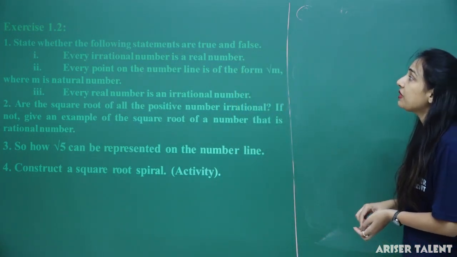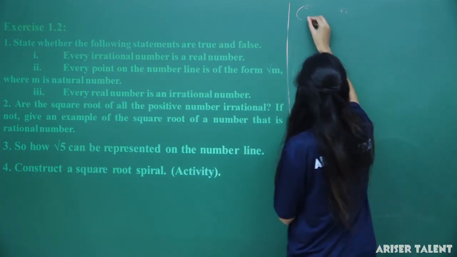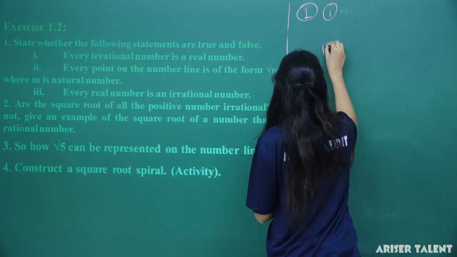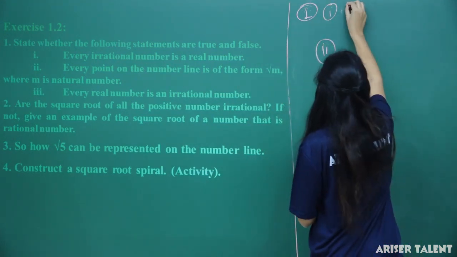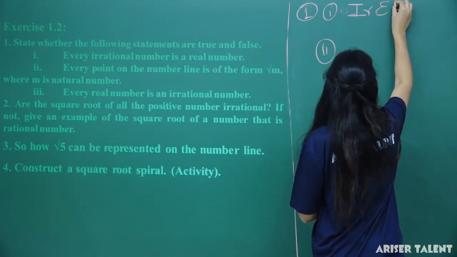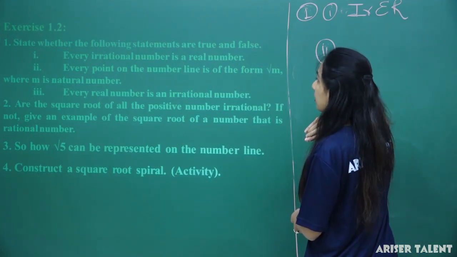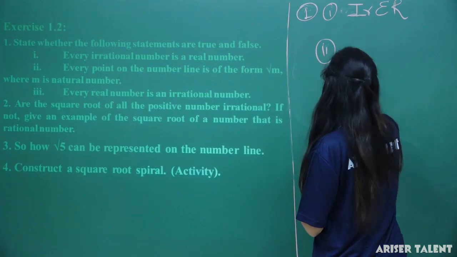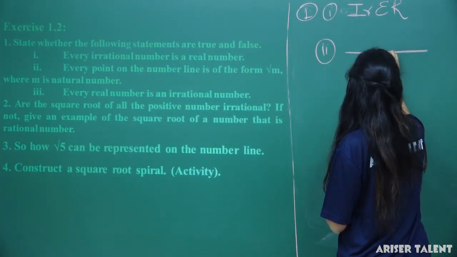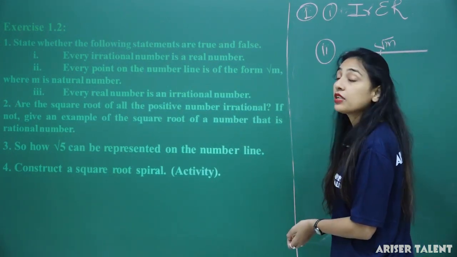State whether the following statements are true or false. The first statement is: every irrational number is a real number. I am talking about the very first question here. In this, three parts are there. Every irrational number is a real number. The second: every point on a number line is of the form root m, where m is a natural number.